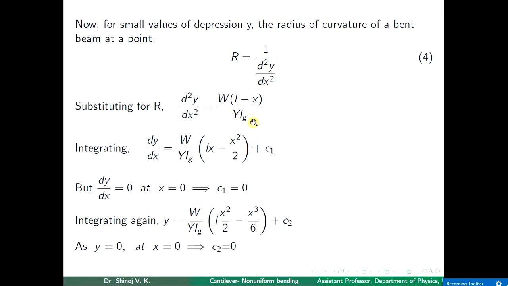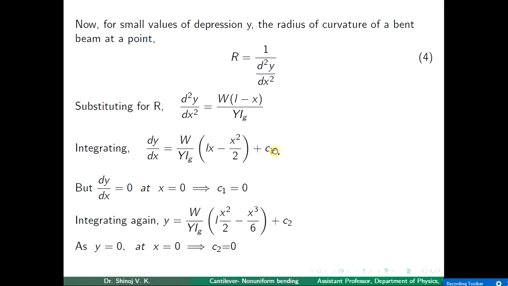Now we integrate with respect to x. Then d²y/dx² becomes dy/dx, which is equal to W/Yig, which is a constant, times the integral of (L - x). So we integrate L·dx, that is Lx, minus x, whose integral is x²/2, plus some constant C1.